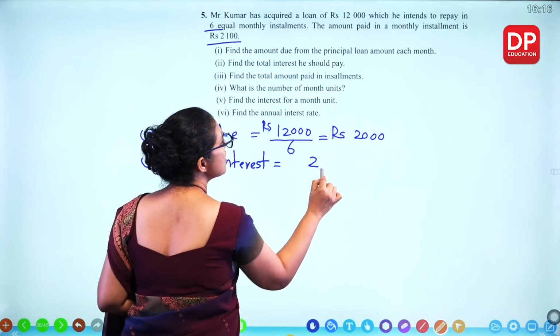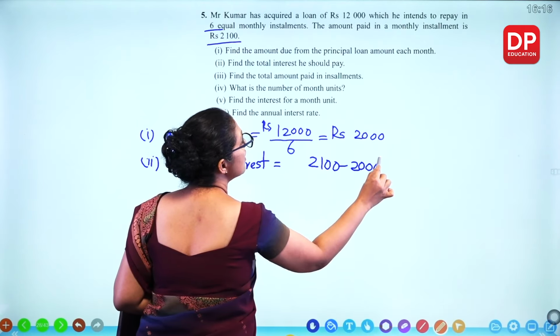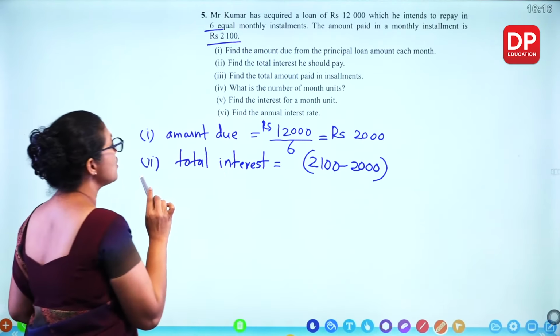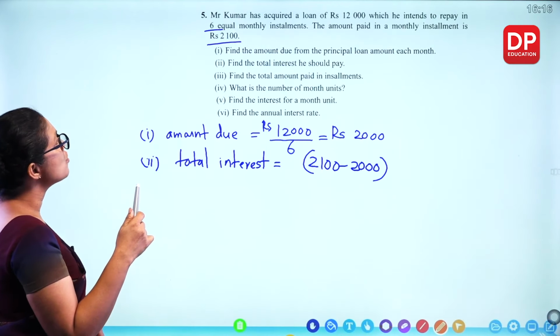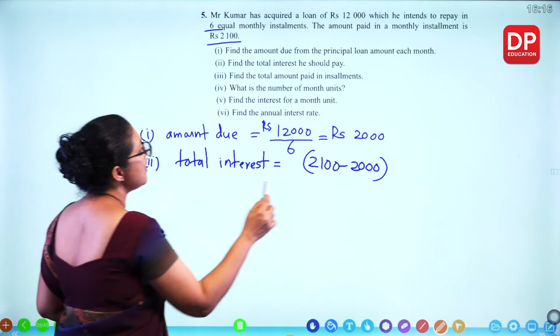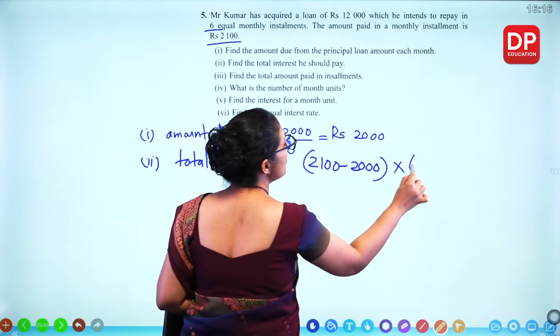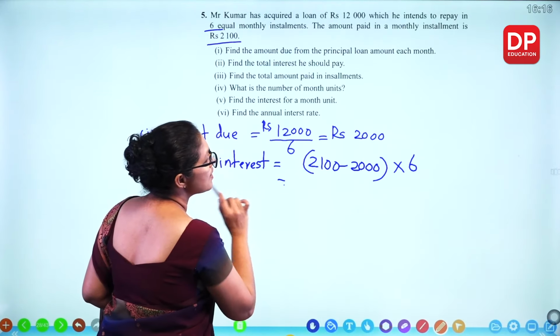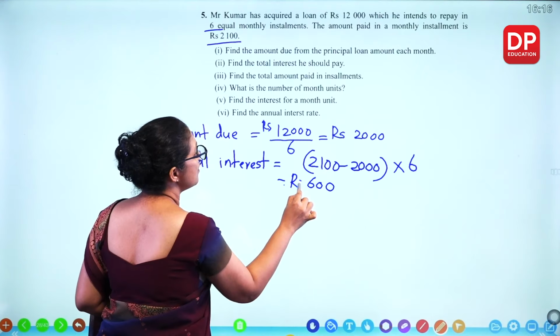And what's the interest? Subtract 2,000 because amount due is 2,000, but he is paying 2,100. And then how many months, 6 equal months. So what's the difference? 100 times 6, 600 rupees.